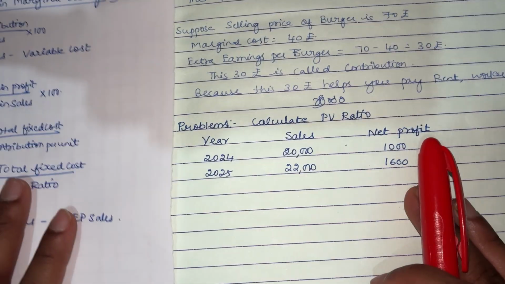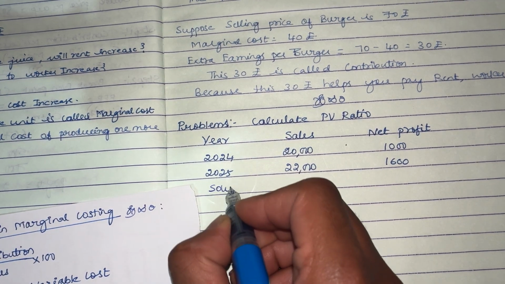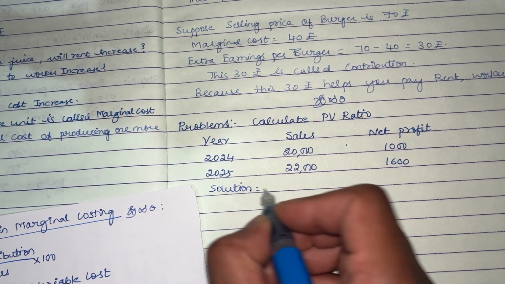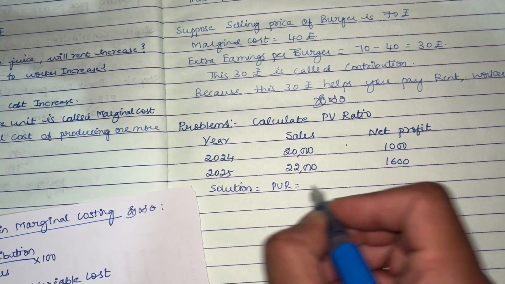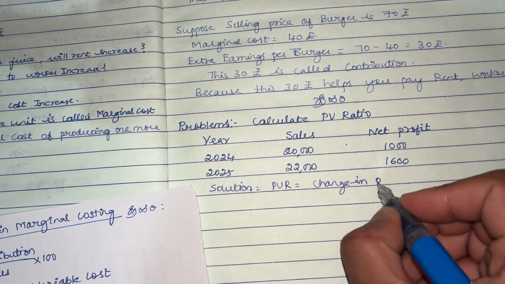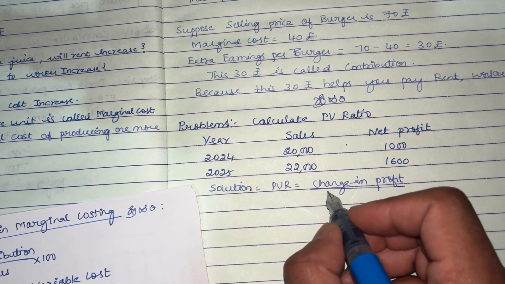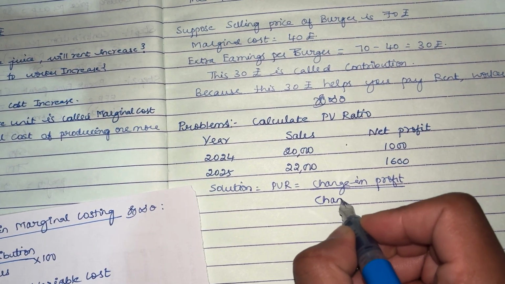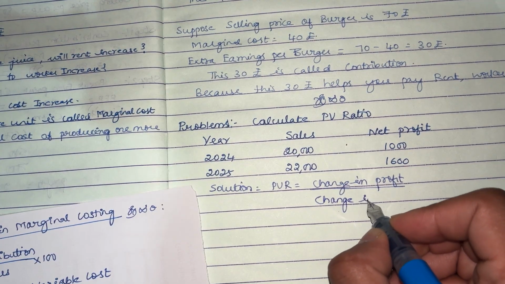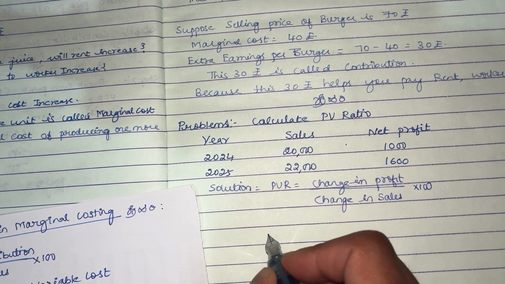So now let us try to solve this problem. Solution: how do we calculate PV ratio? PV ratio is equal to change in profits divided by change in sales into 100.